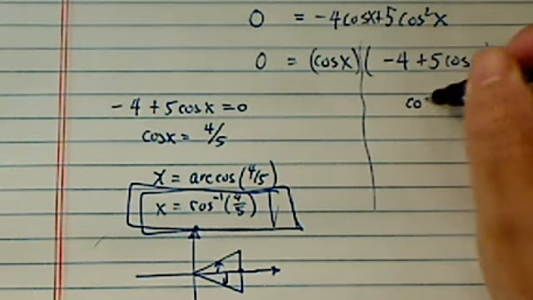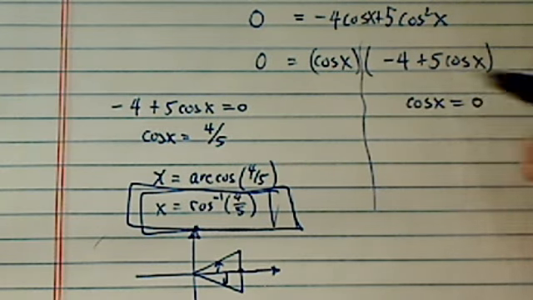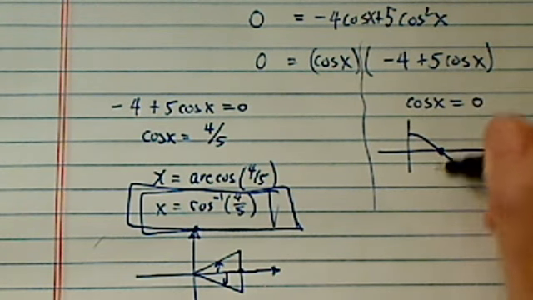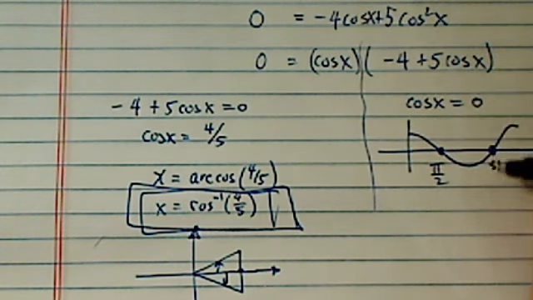Now, the other half is cosine x equal to 0. This is pretty easy to solve. If you draw the cosine curve here, you'll see that it's pi over 2, 3 pi over 2, and it repeats from there.